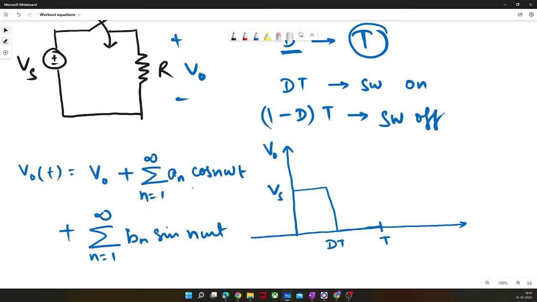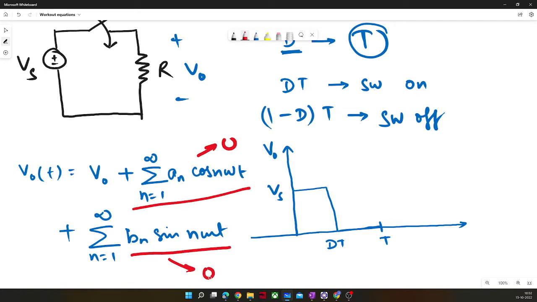Okay. So if the waveform would be odd, then this expression would give us zero, or this expression will be absent. And if the waveform would be even, then this will be absent.